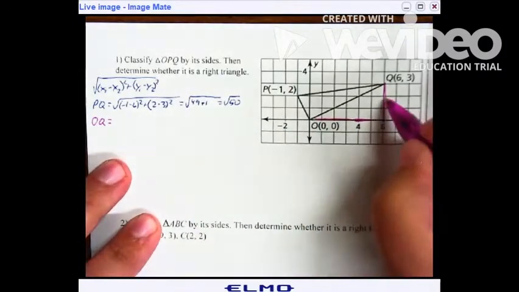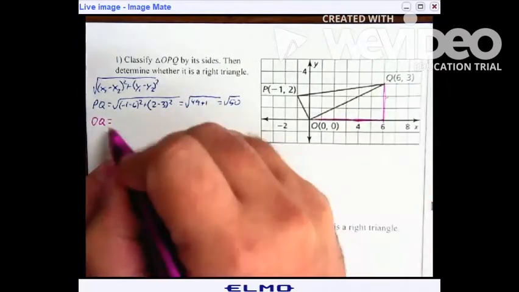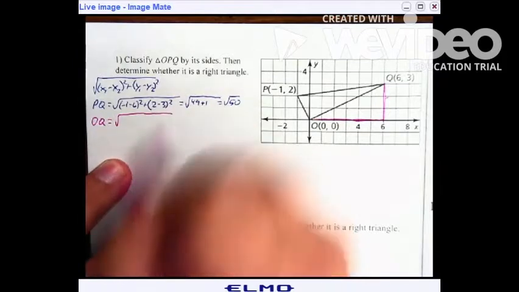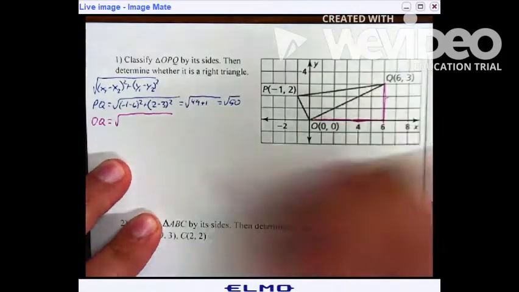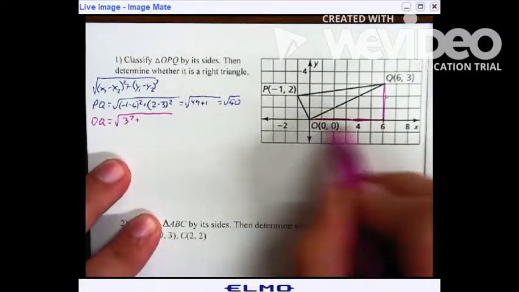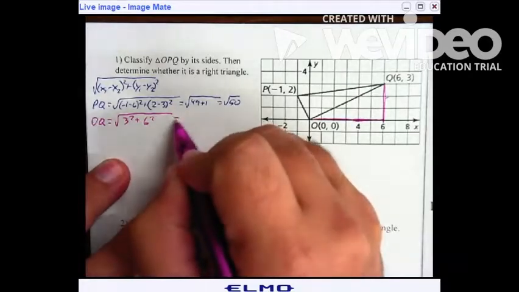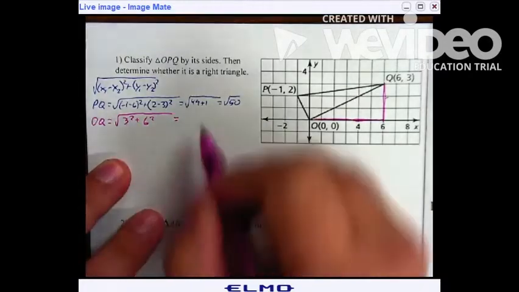Then I have a squared plus b squared equals c squared, so I want the square root of a squared plus b squared. A is 1, 2, 3, so 3 squared plus b squared, which from 0 to 6 is 6. So let's see, 3 squared is 9.